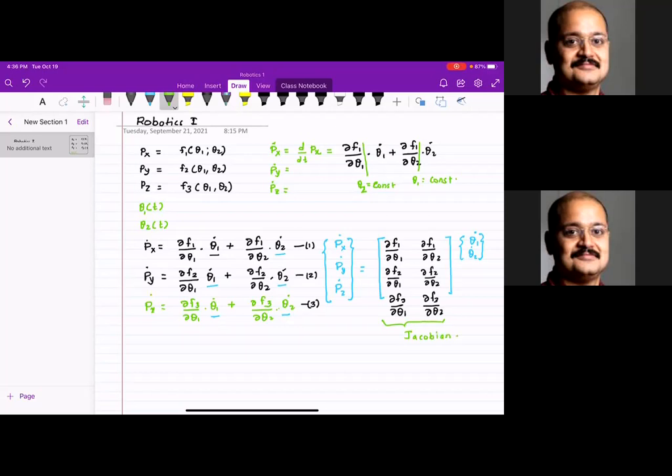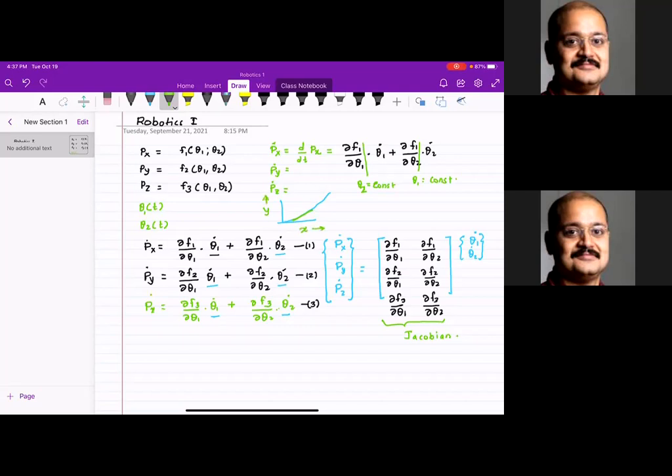Now, the concept of Jacobian is very simple. If you have a function and you want to find out the slope, how would you find it? You basically draw a tangent line, which is nothing but the definition of derivative. But in this particular case, you have a function y that is dependent on x.